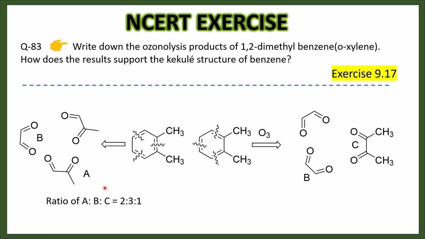If we designate glyoxal as B, the ketoaldehyde as A and the diketone as C, then generally it was observed that the ratio of A, B and C is 2:3:1. So the observation says that this ratio of products is formed.